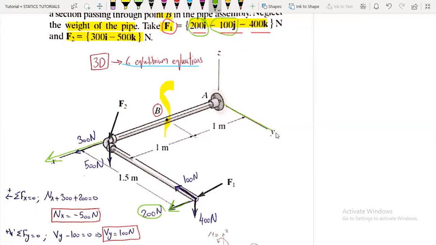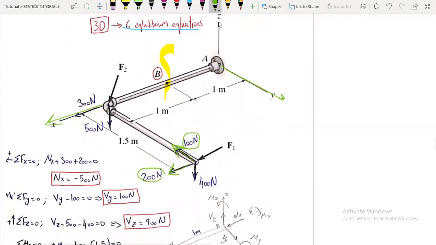So here is the positive y. So the 100 is in the opposite direction, the negative y axis, and has a value of 100 newtons. And finally, the z component is minus 400. So it is acting downwards. Here is the positive. So here it will be what?